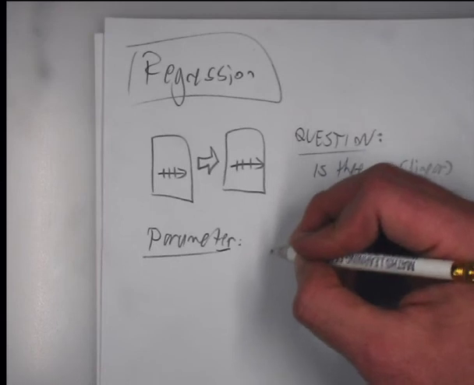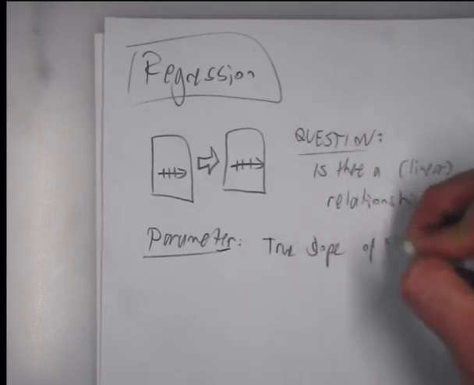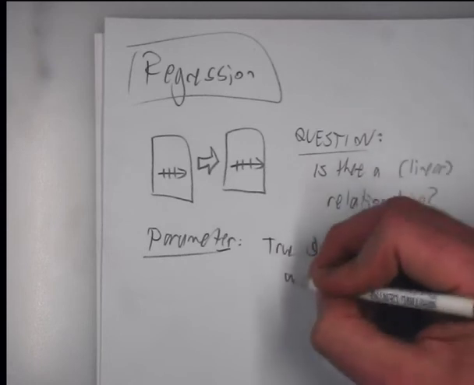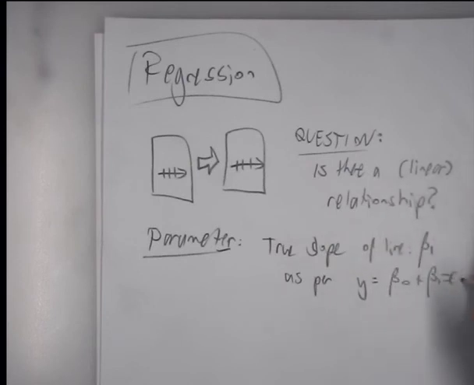So the parameter is the true slope of the line, which is beta 1 as per y equals beta 0 plus beta 1 x. So it's the true slope of the line, beta 1, as described in this equation. That's the parameter we're looking at.